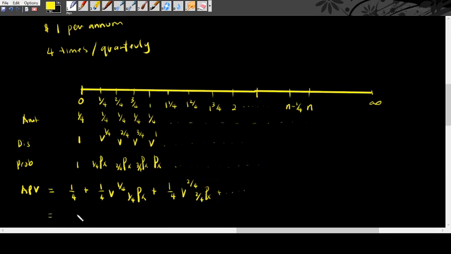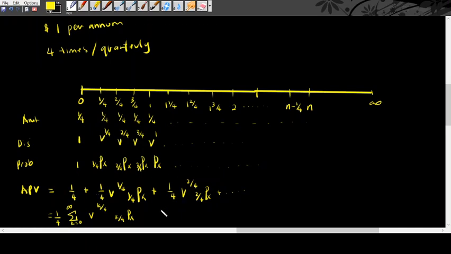This I can rewrite in a simpler way, which equals the summation from k equals 0 up until infinity of 1/4 v^(k/4) (k/4)px. So if it is for different times of payment, for example quarterly, semi-annually, or maybe monthly, then you are just changing the 4 to the period that you are looking into.